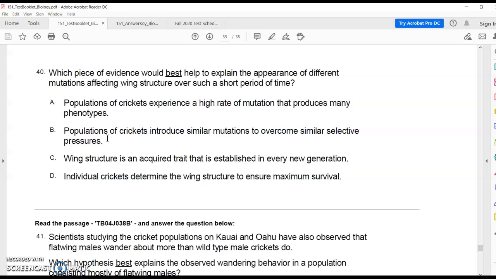However, the correct answer is A. Populations of crickets experience a high rate of mutation that produces many phenotypes. And so the mutation can, especially since it's over a short period of time, that would also relate to the high rate of mutation going along with that short period of time. So we're getting wild and we're getting flaunting as well.